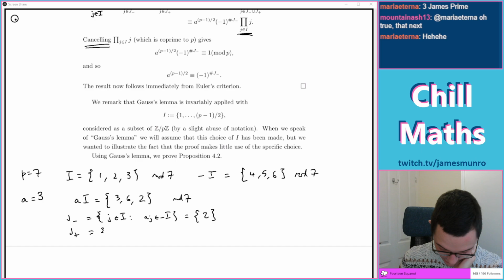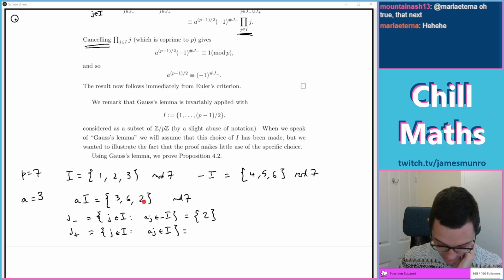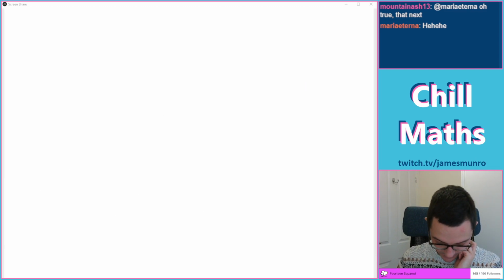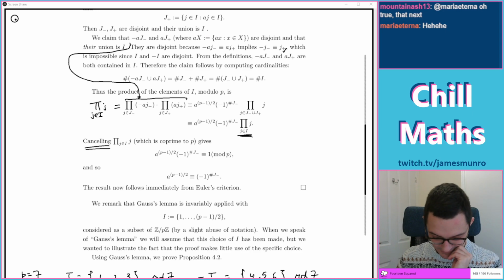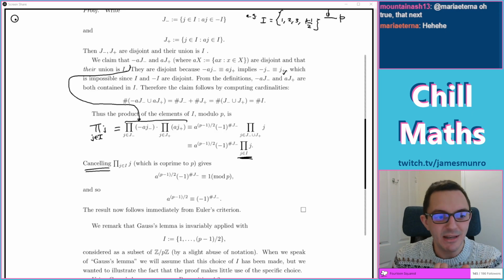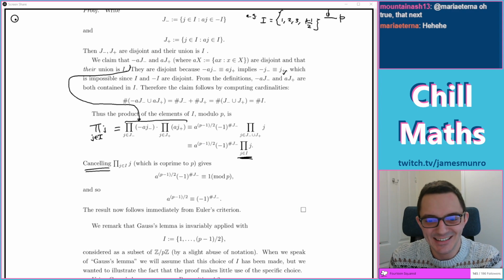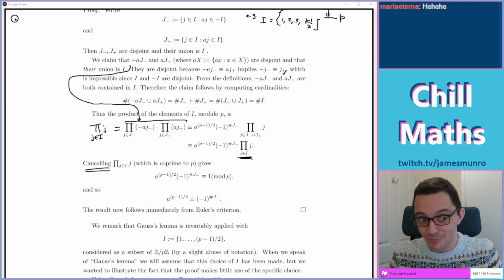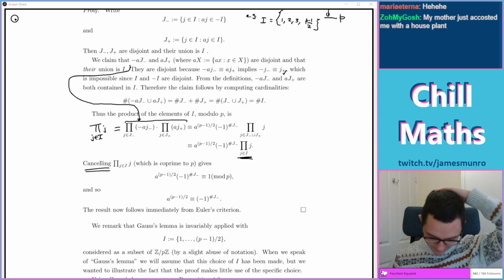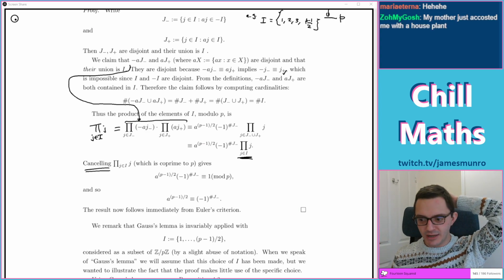Whereas J plus is those J in I such that AJ is in I. Well, if you multiply by 3, the 1 and the 3 come round to elements of I. Have I got that right? There's an upper limit to how interesting these things can be, because I've only got 3 elements. I've chosen a very small prime, 7. So I choose number 3.